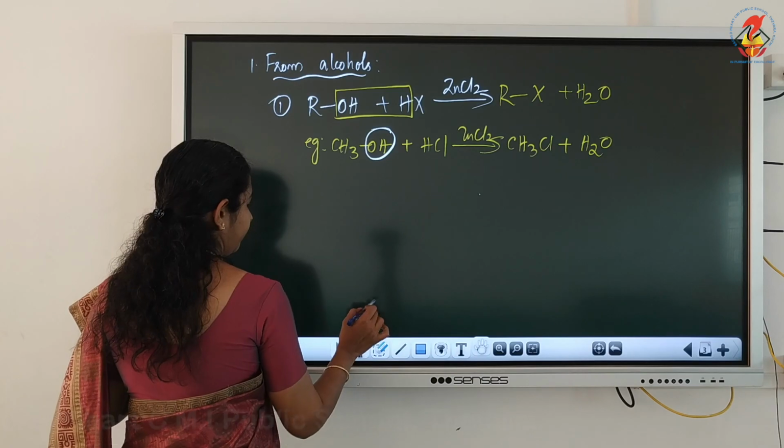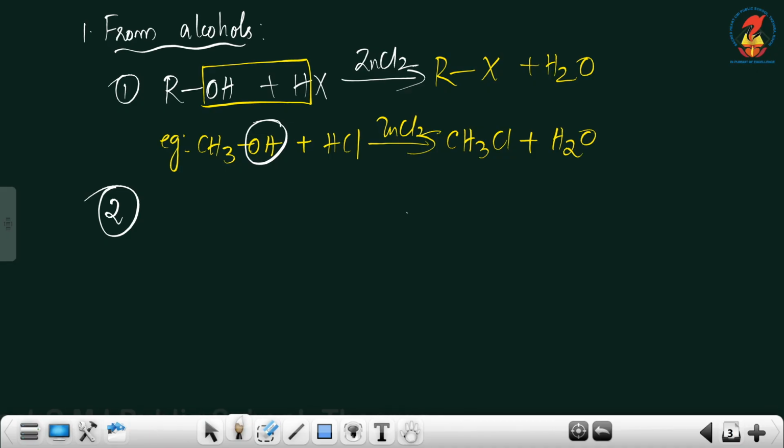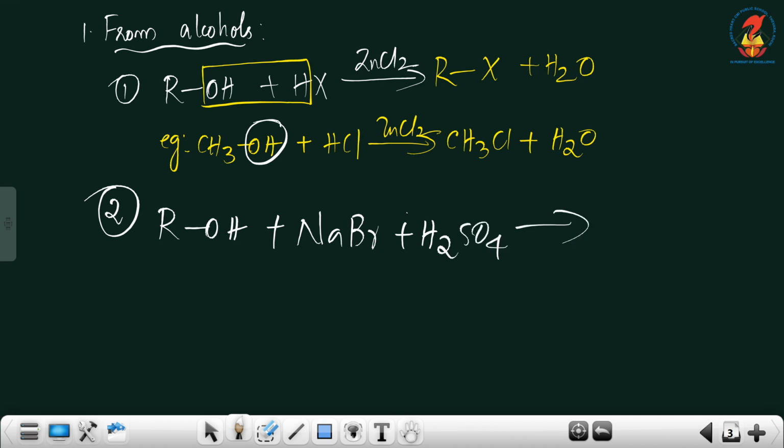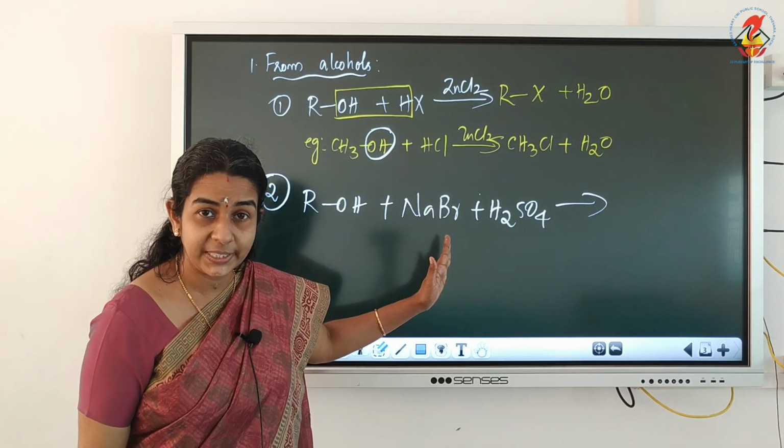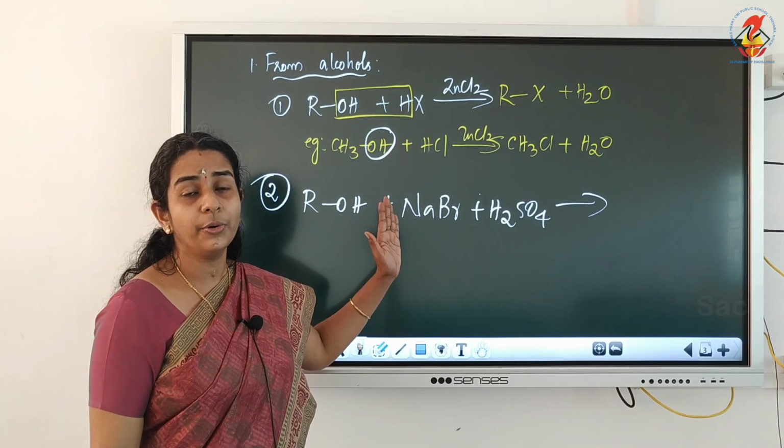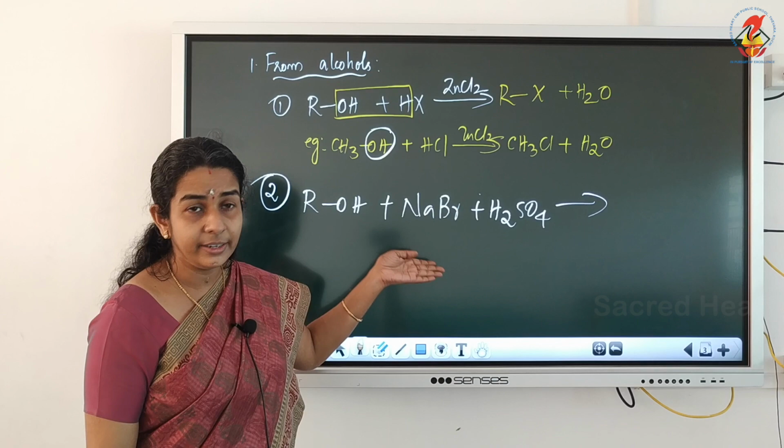Now, the second reaction is alcohols on reaction with sodium bromide and sulfuric acid. Here the halogen is specific. We cannot use sodium chloride or sodium iodide here.